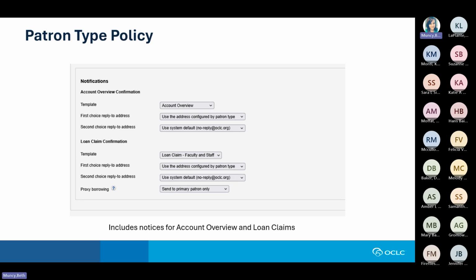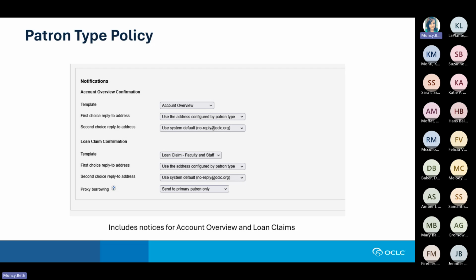This is at the bottom of the policy, so you'll be able to scroll down and attach the patron type, the different patron account overview, which email address that it's going to come to or say as the reply to address, and then you can add a second choice as well.